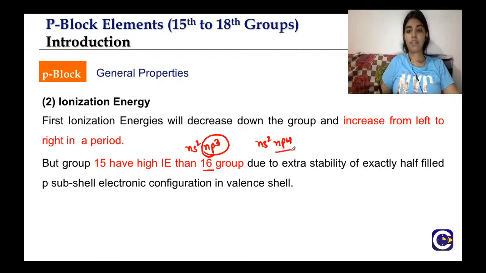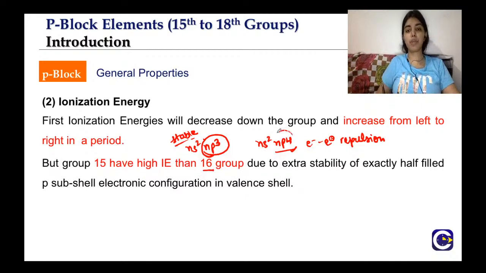So here in group 16 there will be more electron repulsion, but in group 15 it is half filled, therefore there is less electron repulsion, and therefore this half filled configuration is stable, right? As it is stable, if you want to remove an electron from it, it will have a high ionization energy.